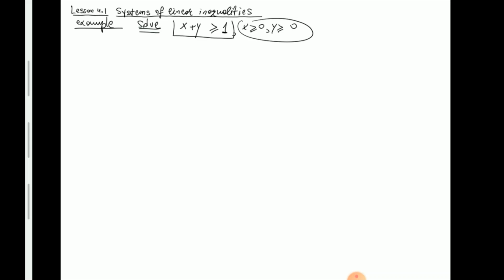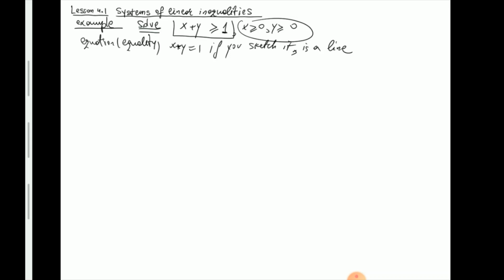Well, remember, if you forget for a moment that you have an inequality sign here, and you actually change this with the equal sign, so if you look at the actual equation or equality, x plus y equals 1, this one, if you sketch it, is a line. Right, so it represents a line in the plane.